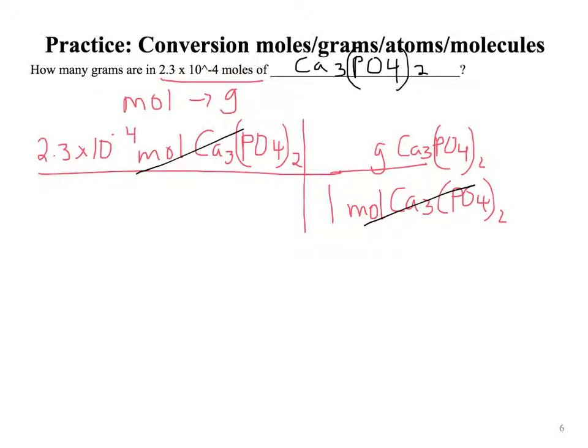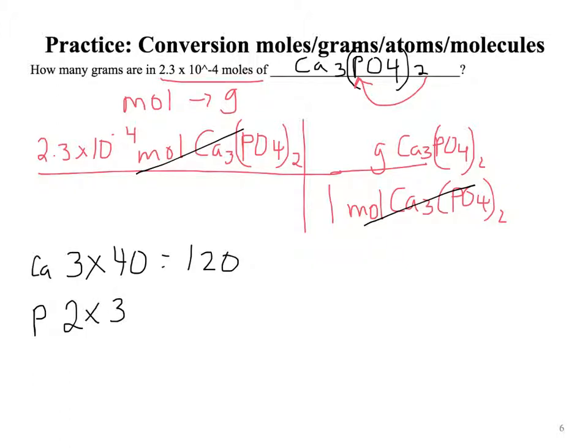So let's do that. Let's do calcium here. 3 times the molar mass of calcium, which is 40. Phosphorus would be 2 phosphorus, so 2 times 31, which is 62.